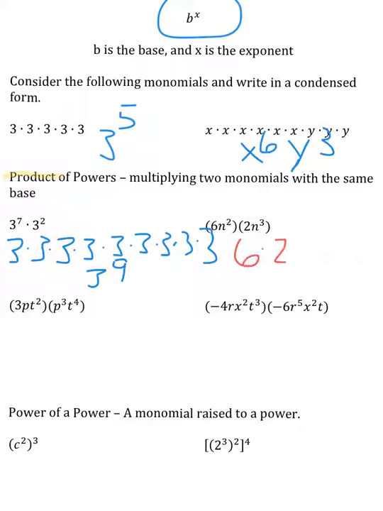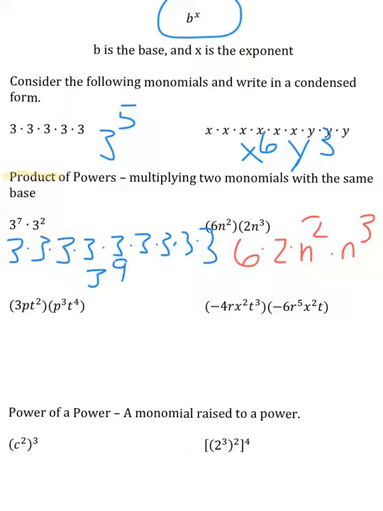And then we're going to do the n squared times the n cubed and put those next to each other. Okay? Here, let me just fix that a little bit. N squared times our n cubed.